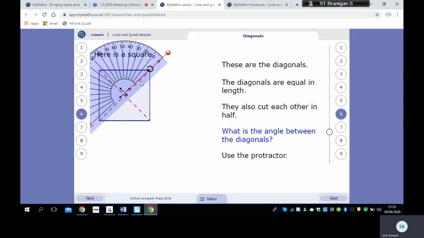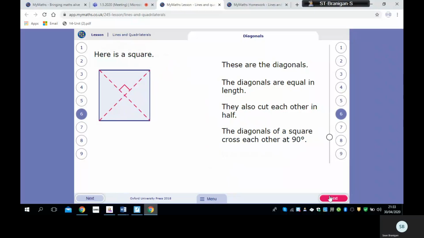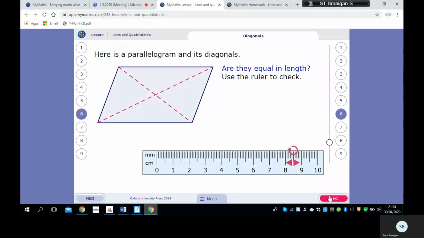It should create a right angle. There we are, there's the right angle there. You can see 90 degrees. The diagonals of a square cross each other at 90 degrees. And there's 4 right angles in there. You should be able to imagine.